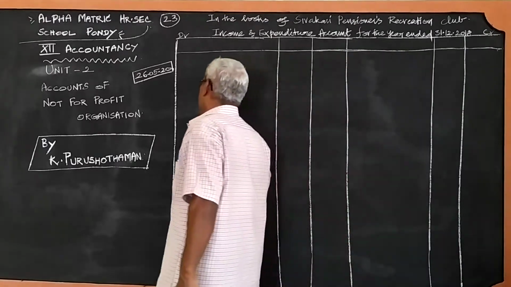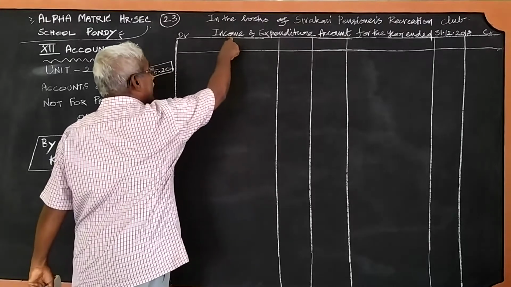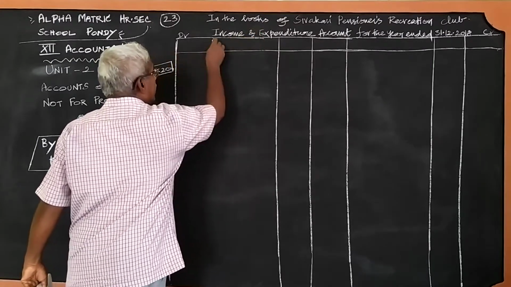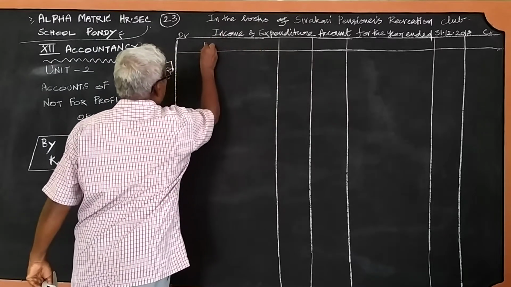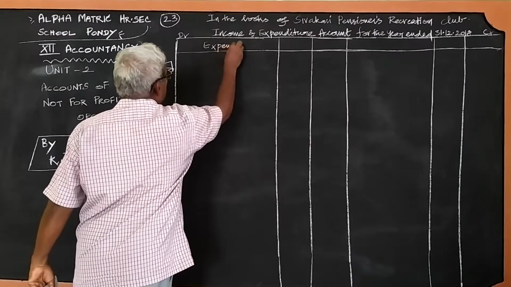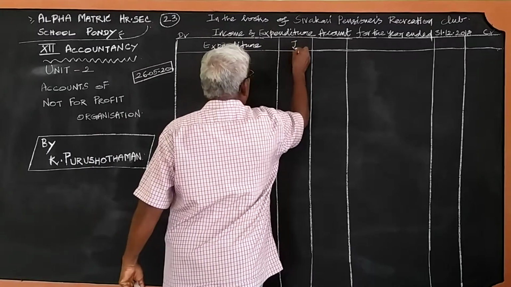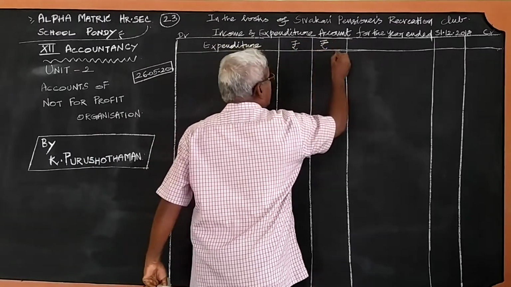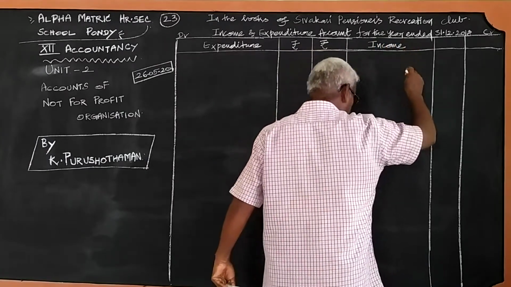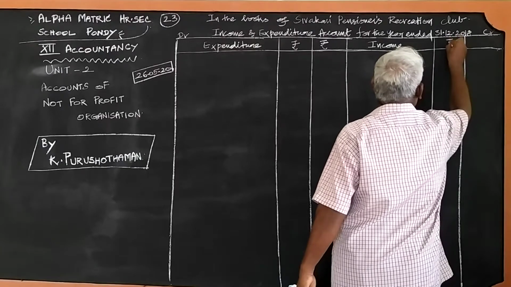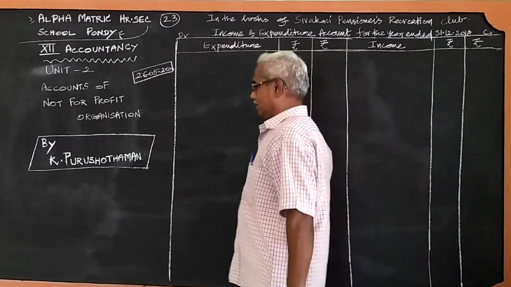As I said in the previous problems, when we write the heading income and expenditure, here we write not income and expenditure, but expenditure and income.